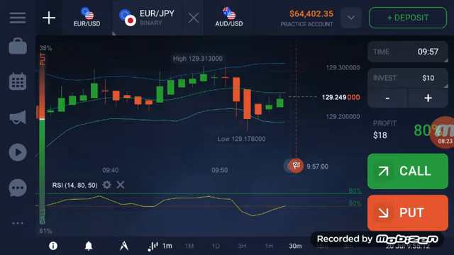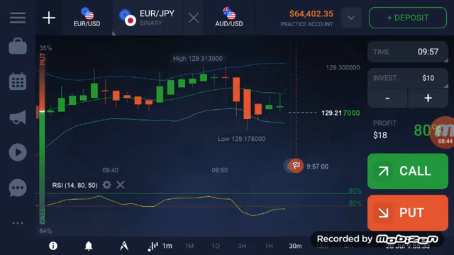Let's see, will it? New candle was supposed to form. Why didn't it form? Oh, I guess this is the new candle. Okay. Yeah, should have taken the trade.